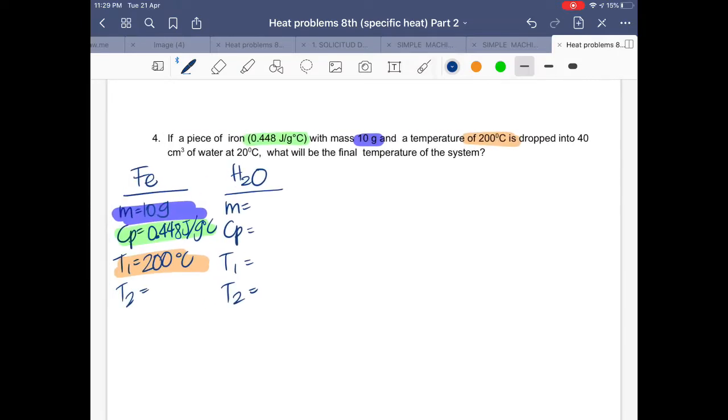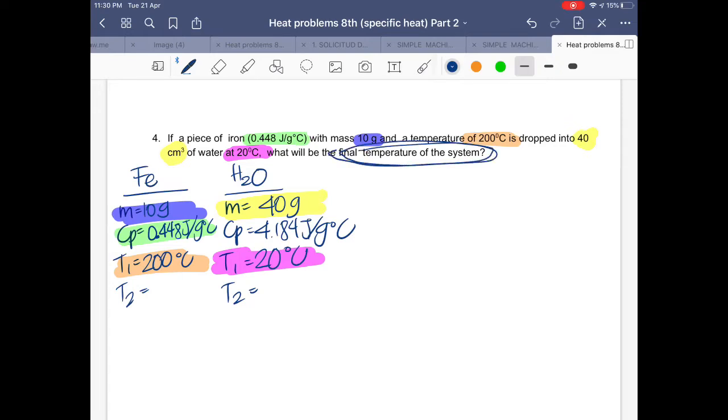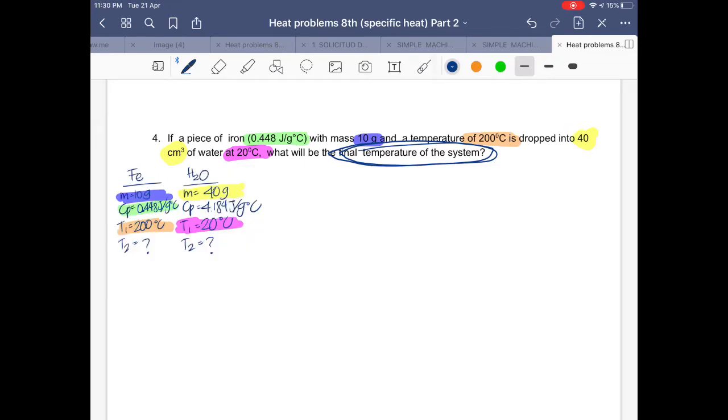You also know that you have 40 cubic centimeters of water, so you have 40 grams of water at 20 degrees Celsius. And you have the specific heat of water, which is 4.184 joules over grams per degree Celsius. And you're searching for the final temperature of the system. So question mark and question mark.